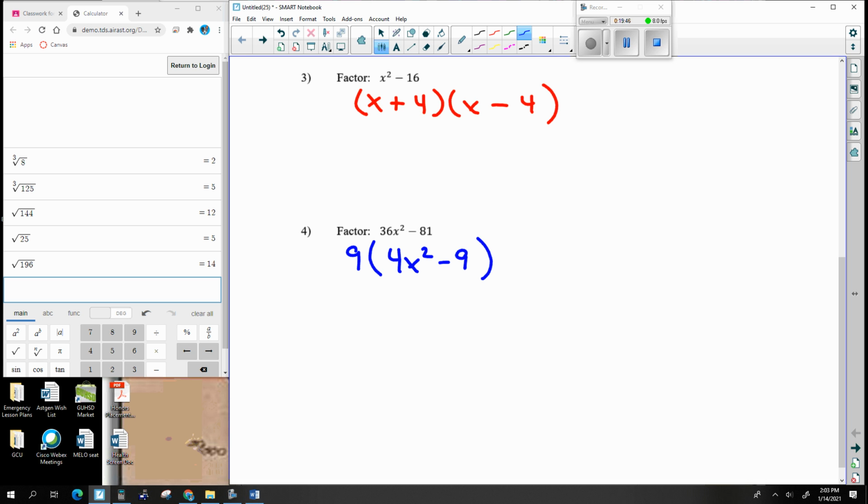GCF always comes first. They're trying to trick me there, but I'm too clever for that. However, the result is still two terms that are all perfect squares. So that's a 2x and a 3. One's a plus, one's a minus, and then there's an outside 9 along for the ride.